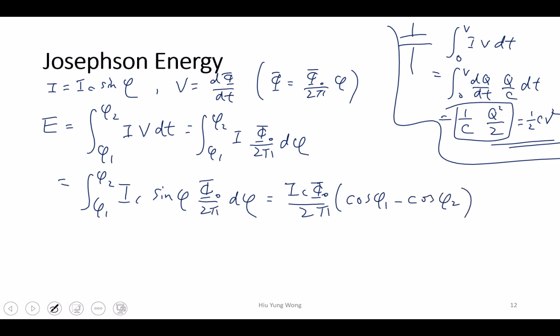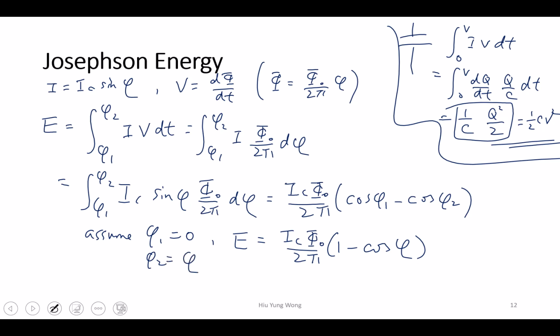If we assume phi 1 equal to 0, we assume it starts from the beginning, because only the difference matters. Then this becomes the energy, Josephson energy. No, this is wrong. I cannot say that. The total energy equals IC phi naught divided by 2 pi, 1 minus cosine phi. I will just call phi equal to phi 2.